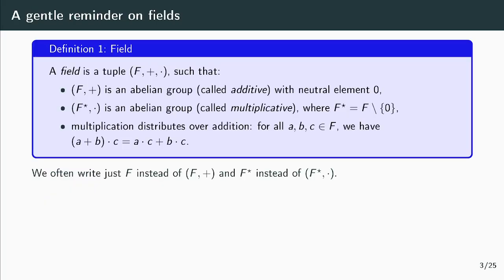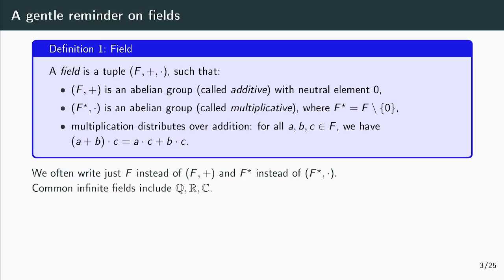Before talking about elliptic curves, we need a small reminder on what a field is. Here you can see the formal definition, but you can think about a field as an algebraic structure which allows you to do basic arithmetic, meaning addition, subtraction, multiplication, and division by non-zero elements.